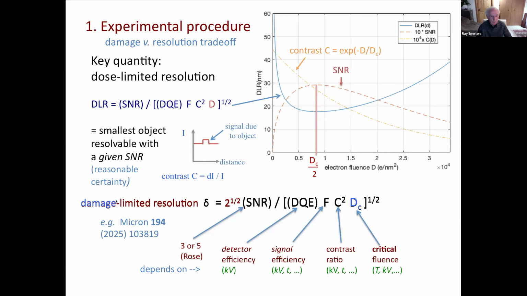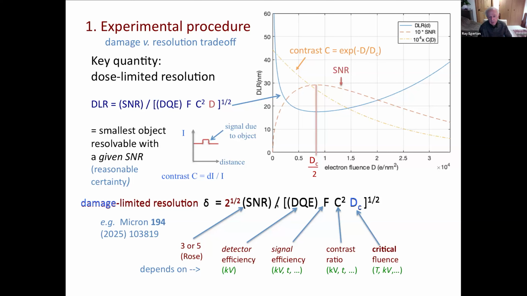So we can rewrite this formula here and call it a damage limited resolution. The parameters that occur in that formula are the signal to noise ratio. For that, we're going to take a value of 3 or 5, known as the Rose criterion. Whether you take 3 or 5 depends on how certain you want to be that this feature that you're identifying is actually genuine.